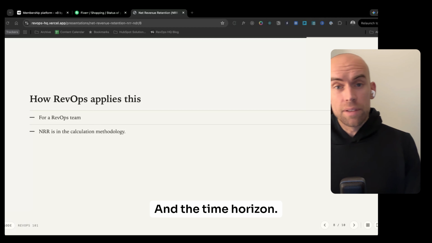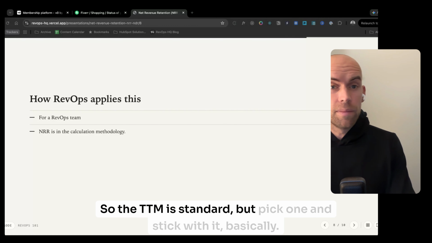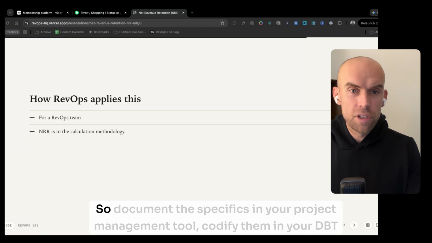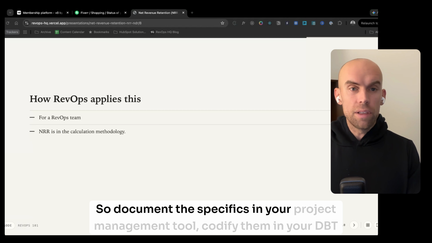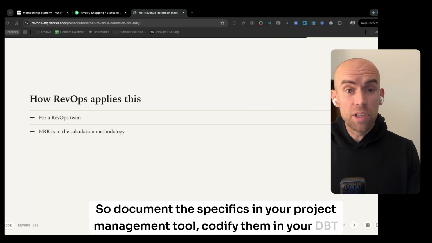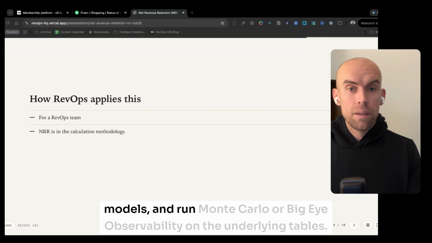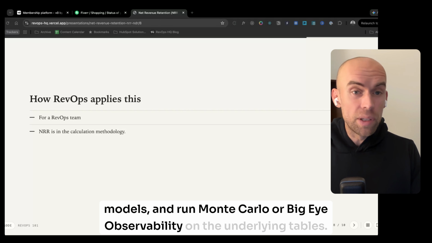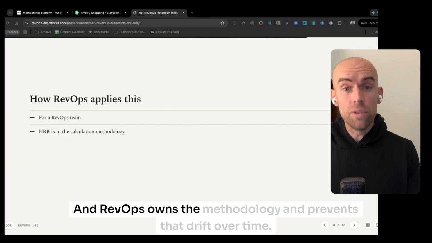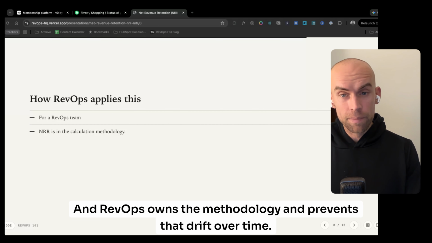And the time horizon. TTM is standard, but pick one and stick with it. So document the specifics in your project management tool, codify them in your dbt models, and run Monte Carlo or Big Eye observability on the underlying tables. And RevOps owns the methodology and prevents that drift over time.